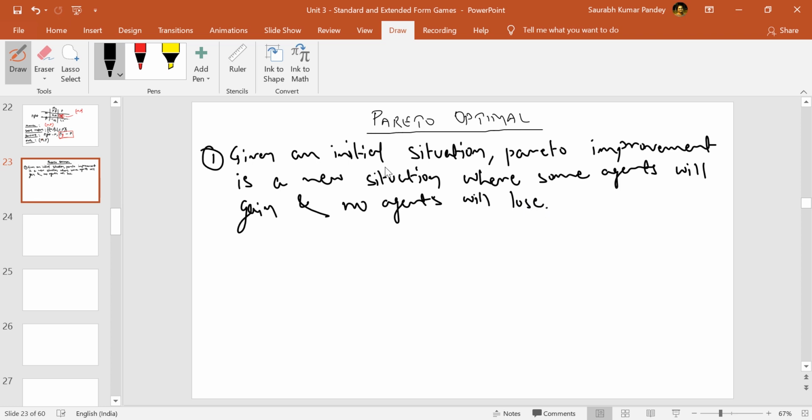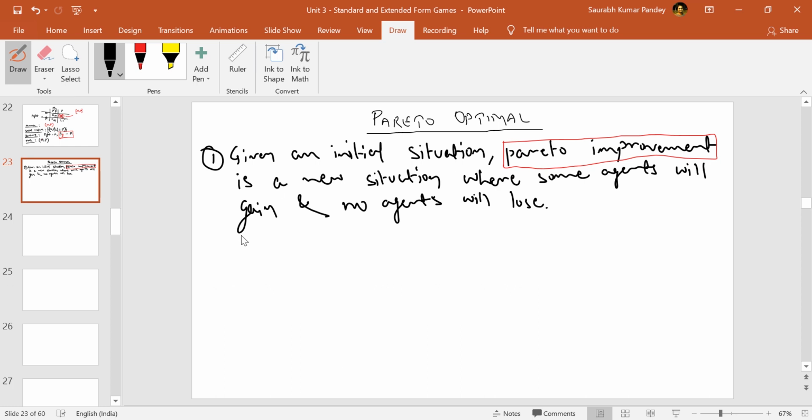The important point here is Pareto improvement. Given an initial situation, the new situation is a Pareto improvement over the initial situation when some agents gain utility, in terms of utility we are talking about, and no agents lose.